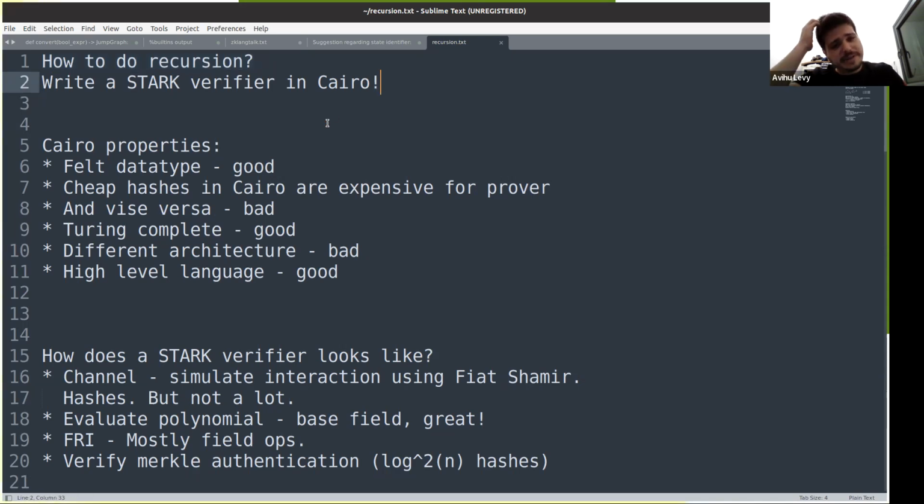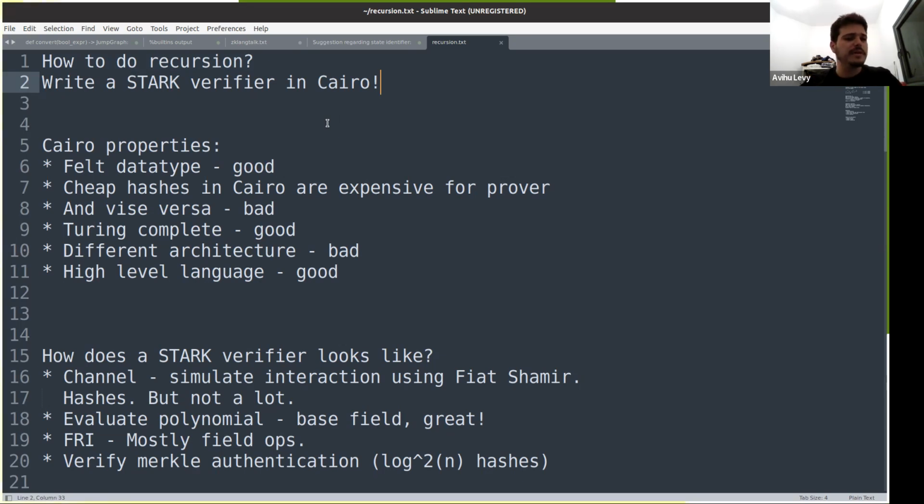So basically, it means writing a Stark verifier in this language called Cairo, for which we have tools to verify. One approach would have been to take our existing verifiers, in C or in Solidity, and try to compile or copy them into Cairo, but they would not be that efficient.